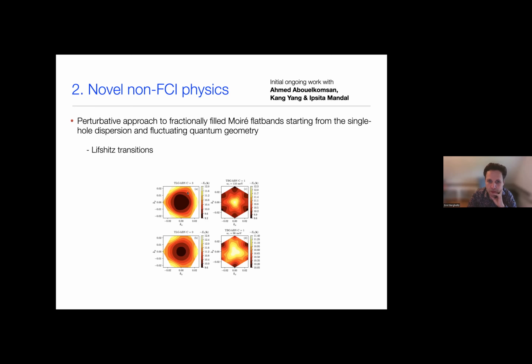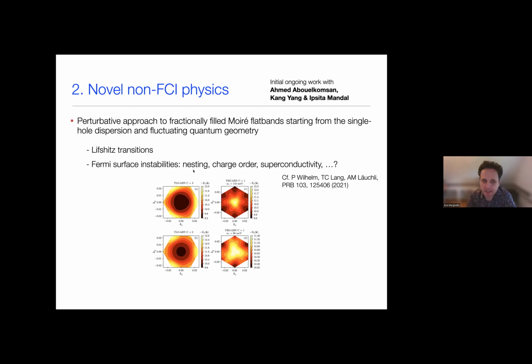If you look at these single hole dispersions, at least in twisted bilayer graphene, if you change the doping, you can see that there are phase transitions where the shape of the Fermi surface changes, or Lifshitz transitions. And there are Fermi surface instabilities in terms of nesting, charge order, superconductivity, and so on.